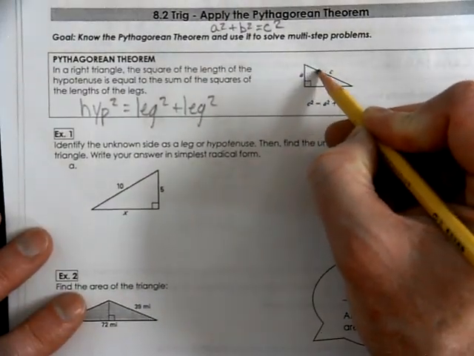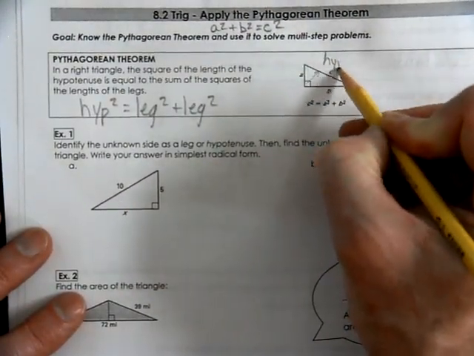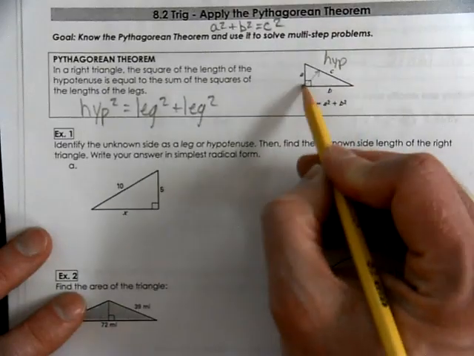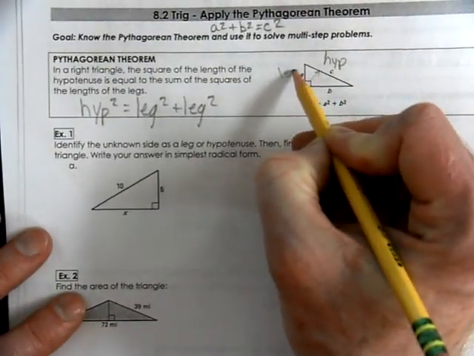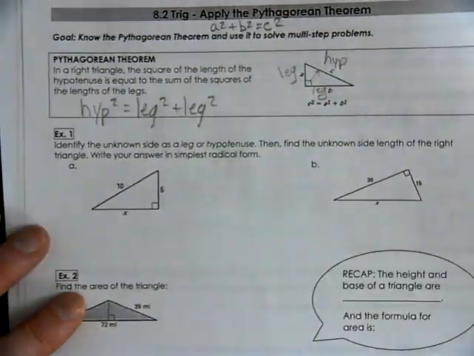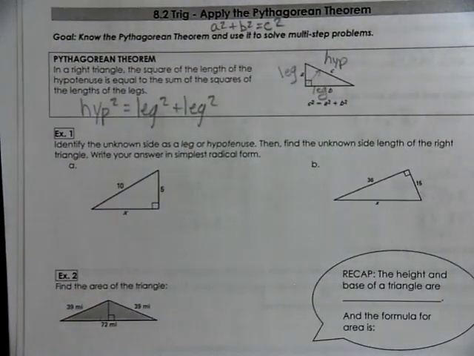Across from the 90-degree angle is always the hypotenuse. And the two perpendicular sides are always the legs. The perpendicular sides are the legs.